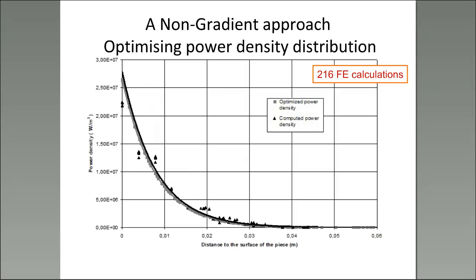For instance, what you see is that with about 216 finite element computations, we have almost completed our objective of reaching the optimal power density distribution we were aiming at.